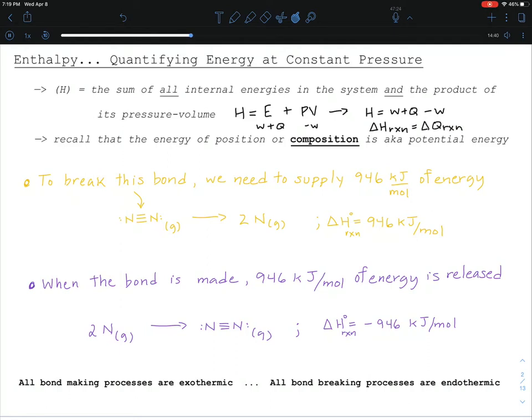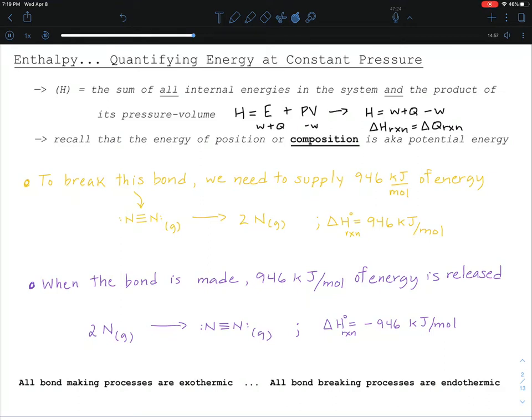And we can measure the heat by measuring the temperature. So this becomes pretty convenient. At constant pressure, our work component is going to go away, and we end up with the change in enthalpy for the reaction is equal to the change in the heat for the reaction, which is measurable for us.